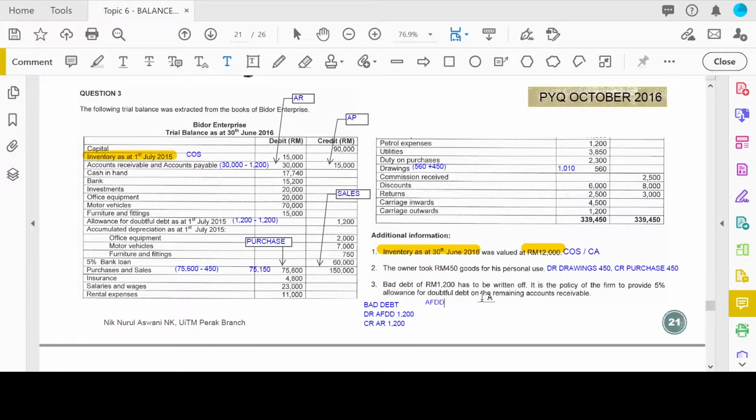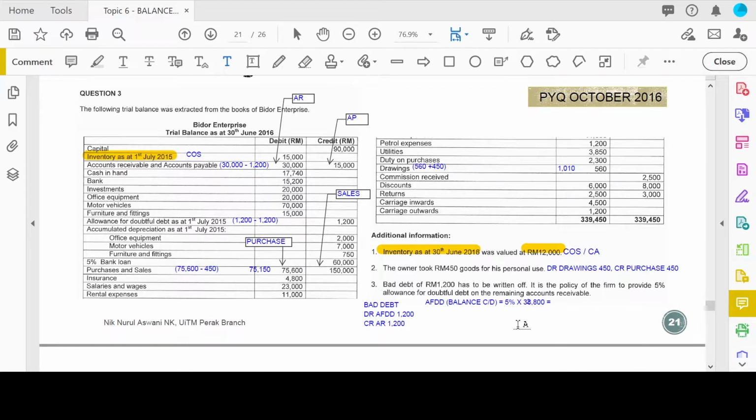It will be equal to 5% multiplied with the existing balance, so 30,000 minus 1,200.